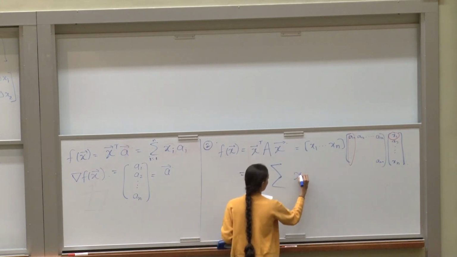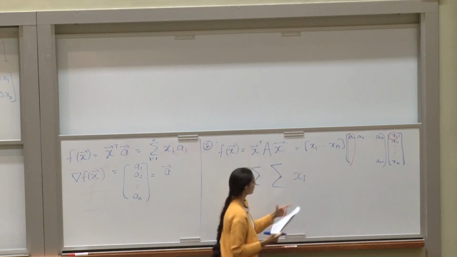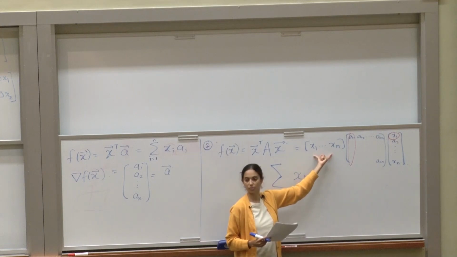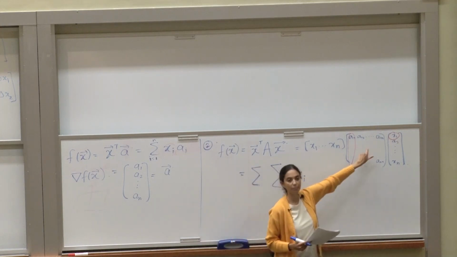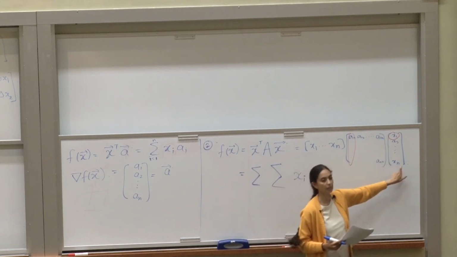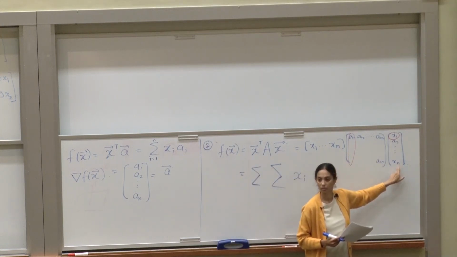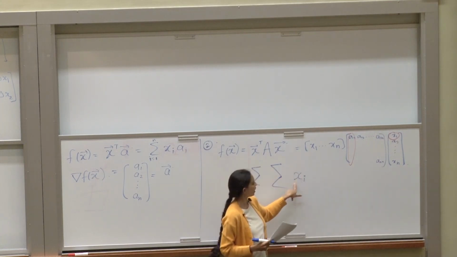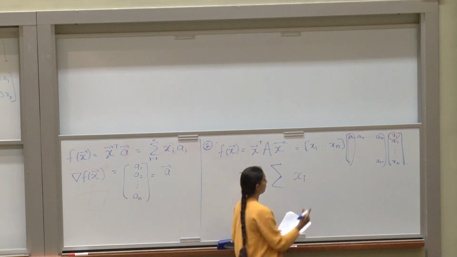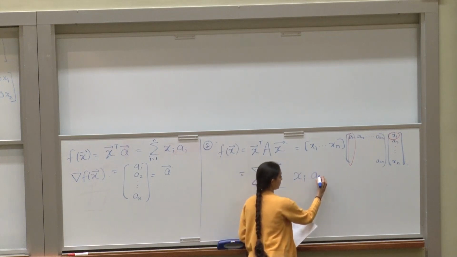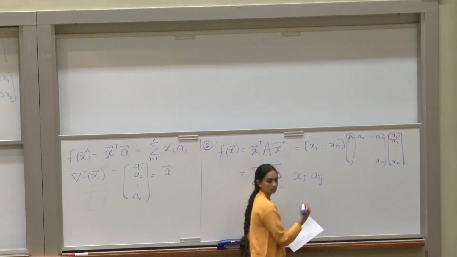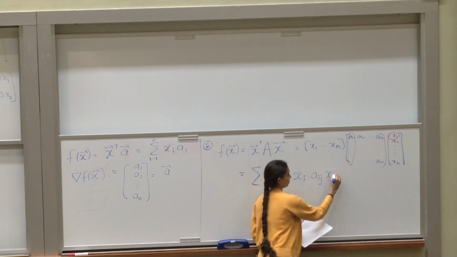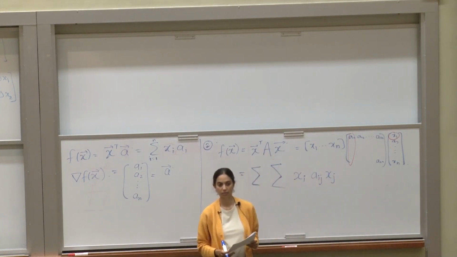So what if I have xi? Every term is going to have something from this row vector, some term from here, and some term from here, right? So xi can be hit by basically aij times xj, right?